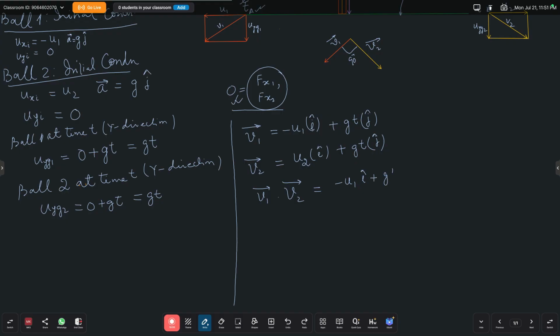So V1 dot V2 we can write as magnitude of V1, magnitude of V2 into cos 90 degrees, and the right-hand side will become minus U1 U2 plus g squared t squared.